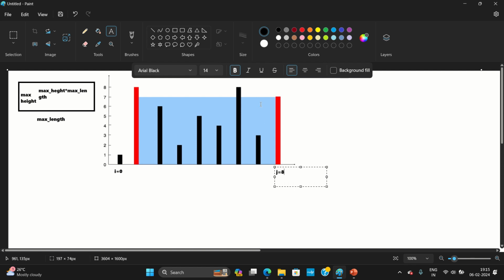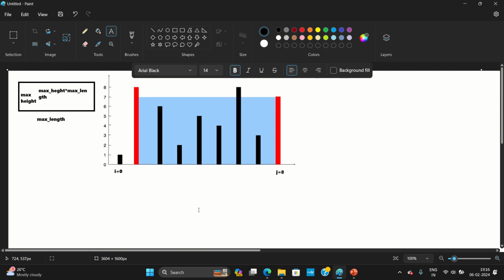Now, as we are having the maximum base, because from the 0th index to the last index this is the highest possible base, we can freely compare the heights, right?